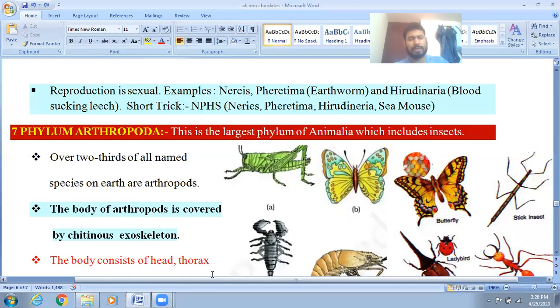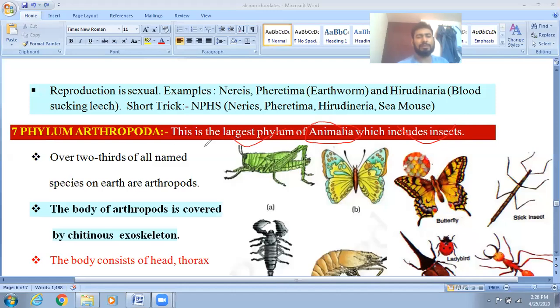This is the largest phylum. The first largest phylum is Arthropoda, the second largest is Mollusca, and the third largest is Protozoa. Why is it the largest? Because it includes the class Insecta, the largest class, which includes the insects.